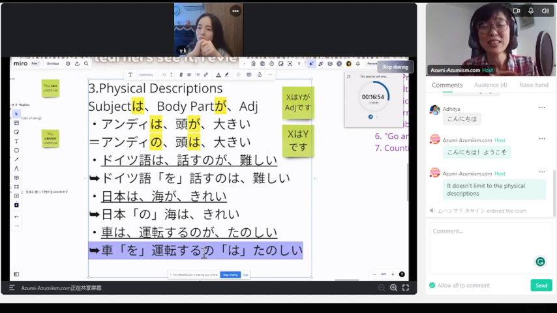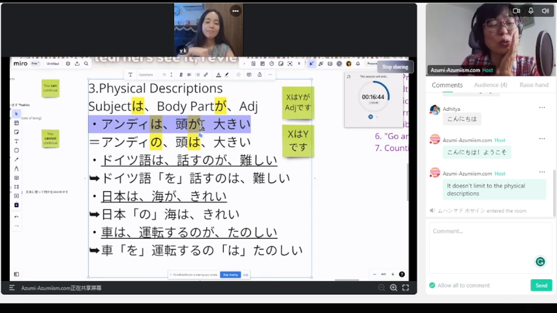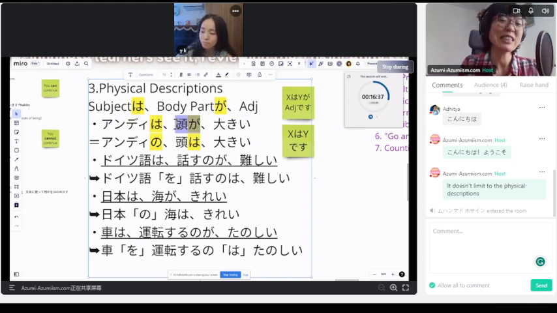Whichever the phrase, if your sentence is valid, then it's okay. But if you do something like a JLPT quiz, lots of sentences take this structure. So if you find the ga particle, it's a big hint to solve the quiz. Mainly they use the X は Y が adjective structure, not the X の Y は structure.